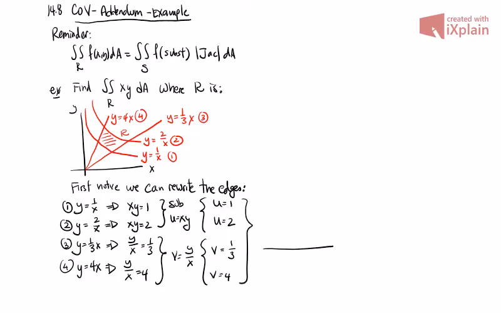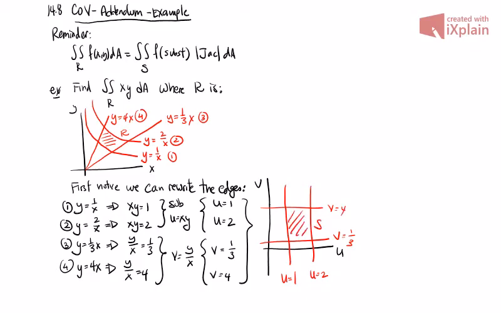So in the UV plane, sorry, it's a bit sloppy, the new region: u equals 1 and u equals 2 are here and here. v equals 1/3 is maybe here. It doesn't need to be perfect, and v equals 4. That is S.